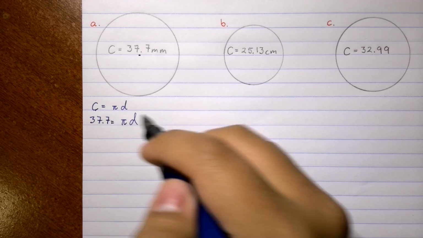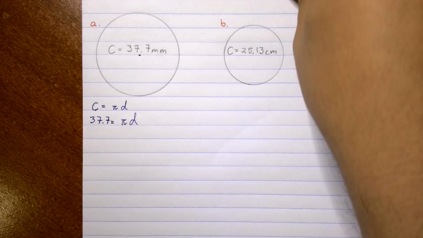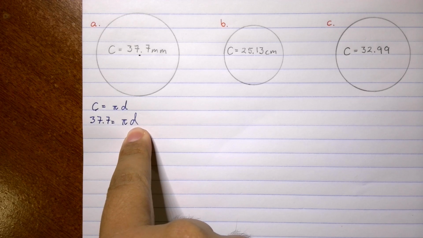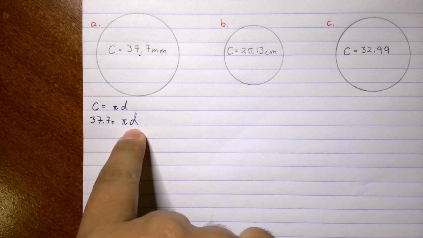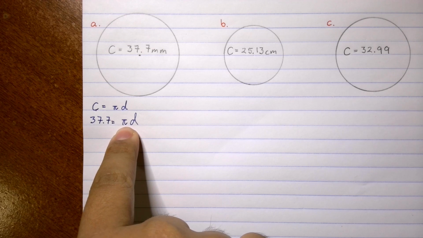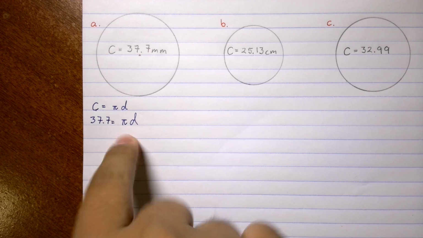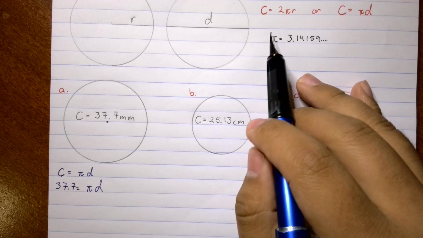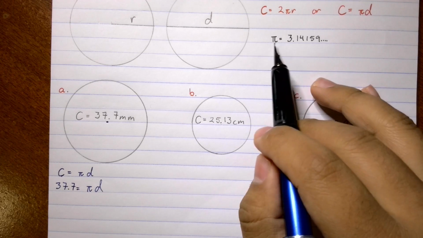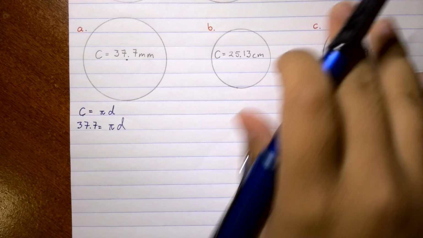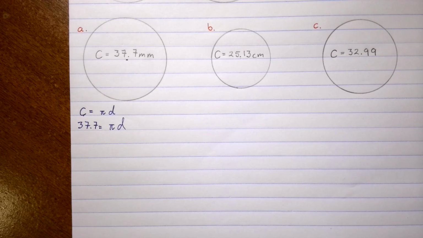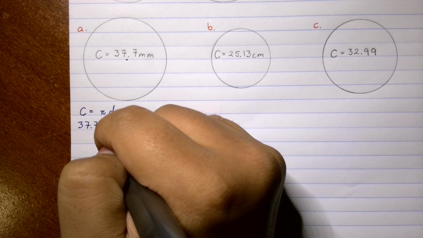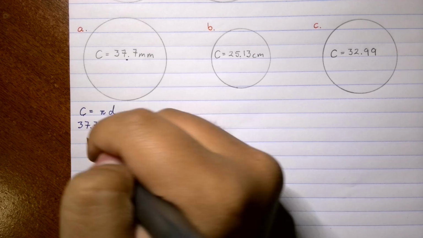Now, what we have here is actually an equation. We need to solve this equation for the value of d. Now, how do we get rid of this pi? How can we eliminate this pi? Well, since pi is equal to a number, we can divide by the value of pi.